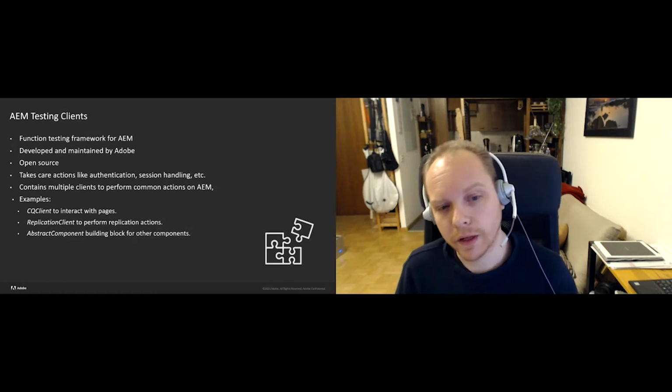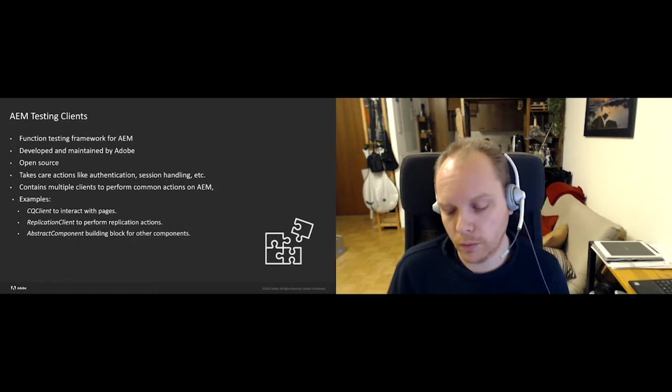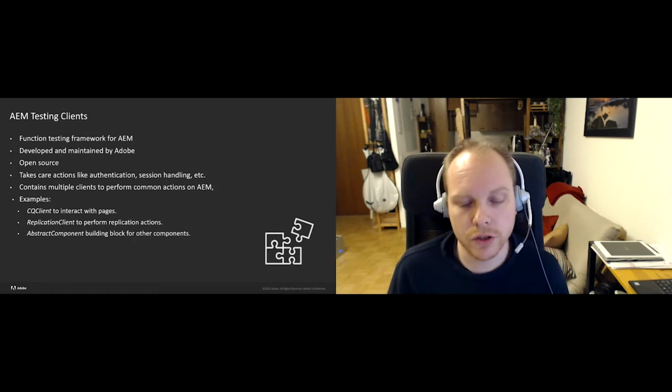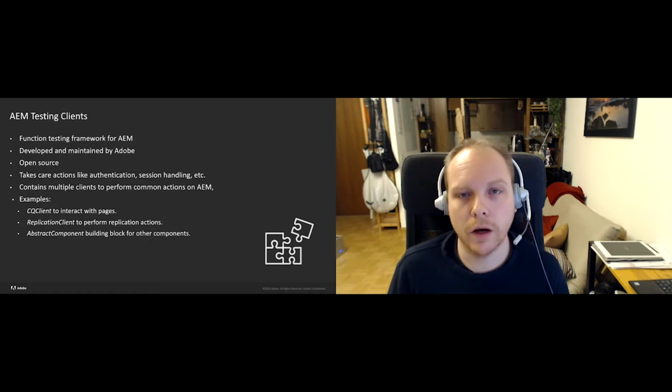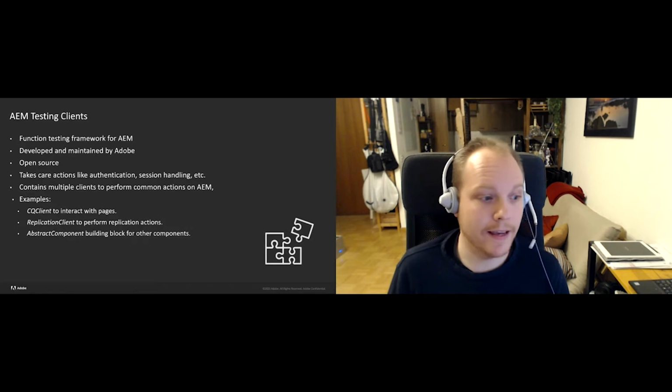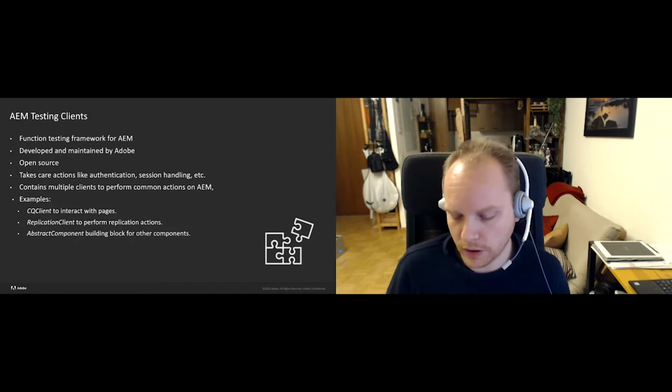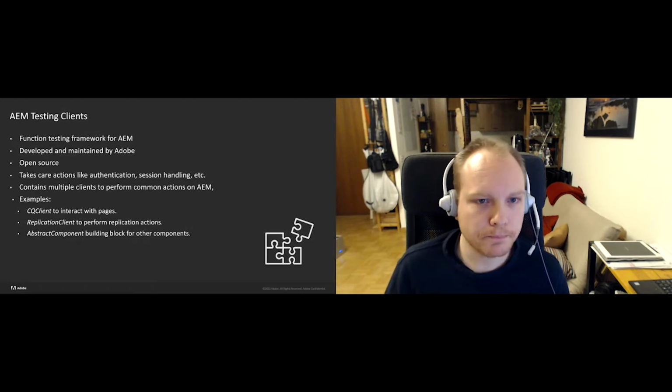Another example is the replication client. It performs actions like activation and deactivation, or the abstract component, which is an abstract Java class that allows you to handle side components. In a demo that I made, I will talk a little bit later about this.